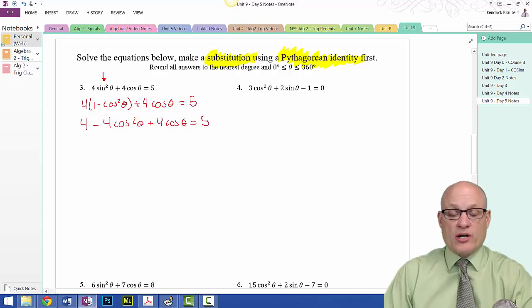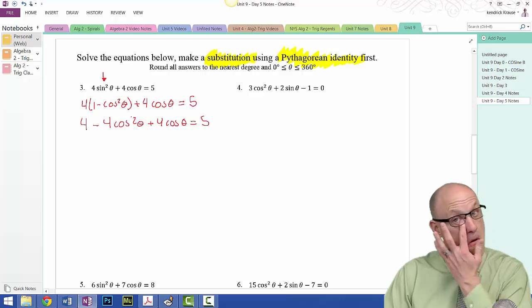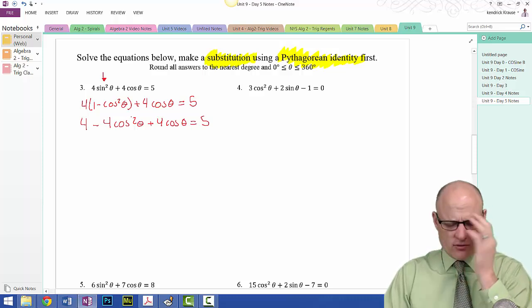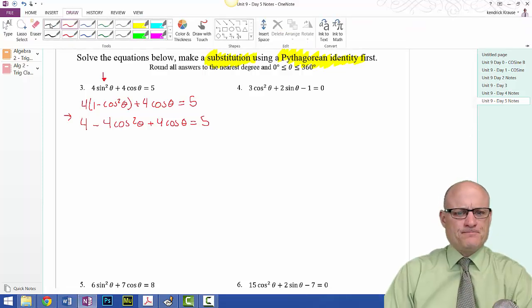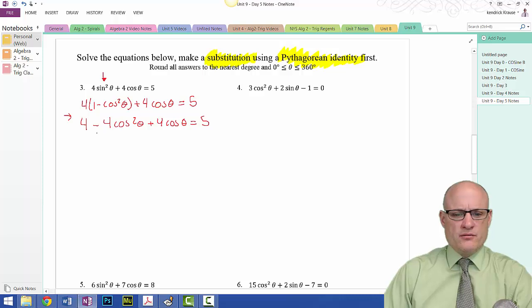Now, it's a quadratic. And since it's a quadratic, we're going to move everything over to one side to make it equal to 0. Well, right here, I'm looking at this and thinking, my squared term is negative, so I'm going to move everything to the right side. So I'm going to have a 0 on the left side.